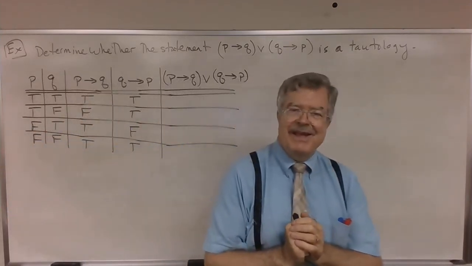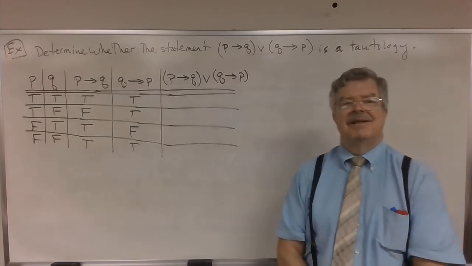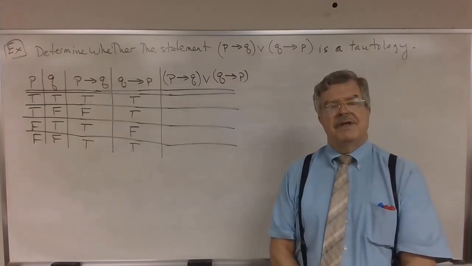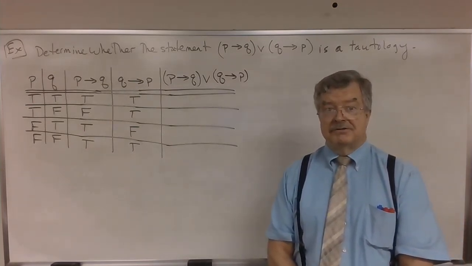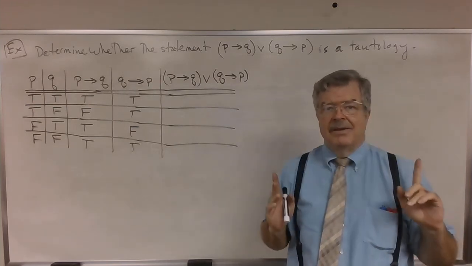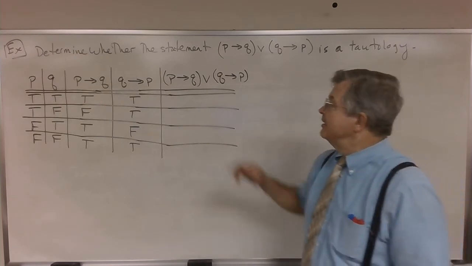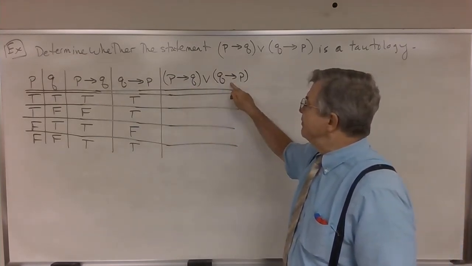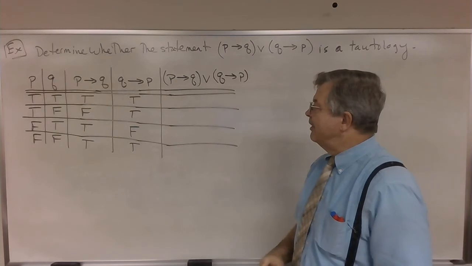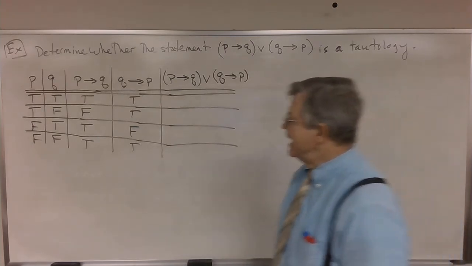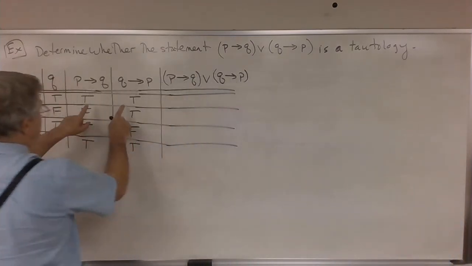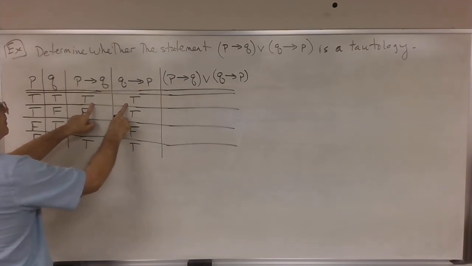What's the special case for an or statement? An or statement is only false when both of the statements that make it up are false, right? So when both of these things are false, the whole statement is false. Now, where does that happen? It doesn't happen here, they're both true.